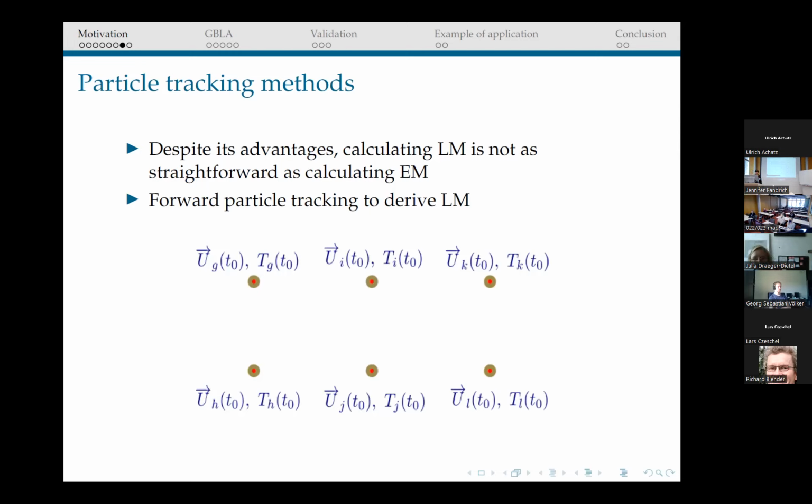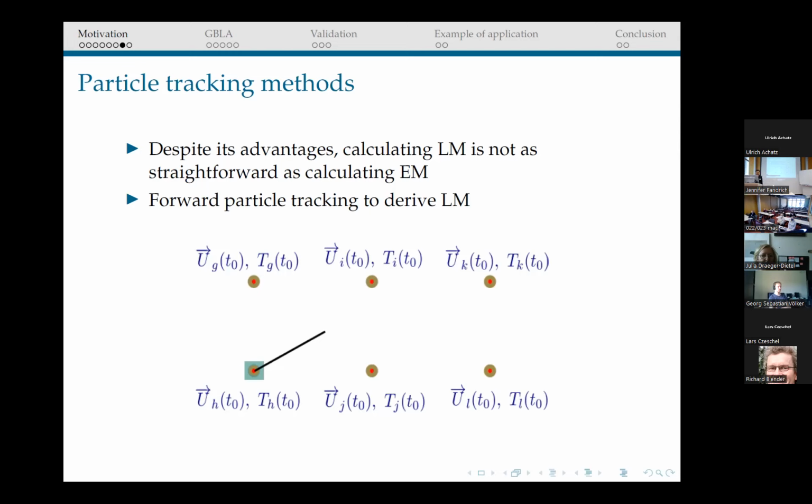Just to explain what kind of difficulties show up, let's go back to particle tracking. We have a sketch of grid points. In particle tracking, we seed our particle at, let's say, a grid point here, and then use the velocity field to advect the particle forward and find the position after, let's say, a time step.